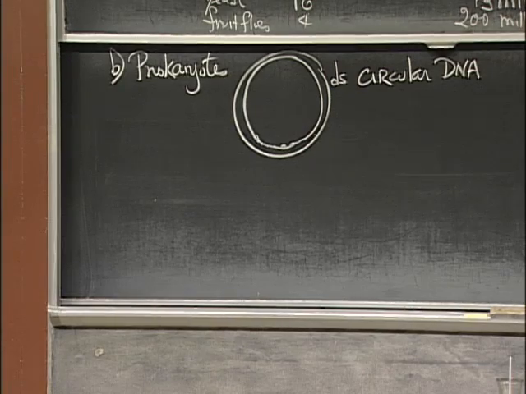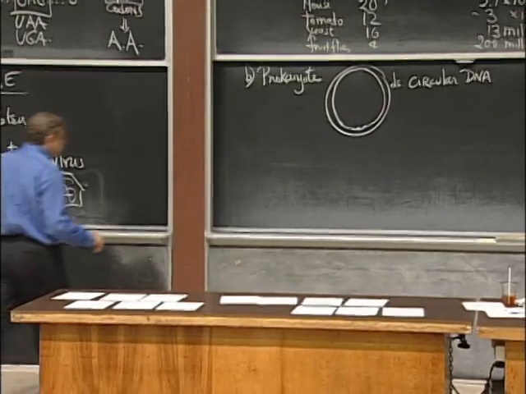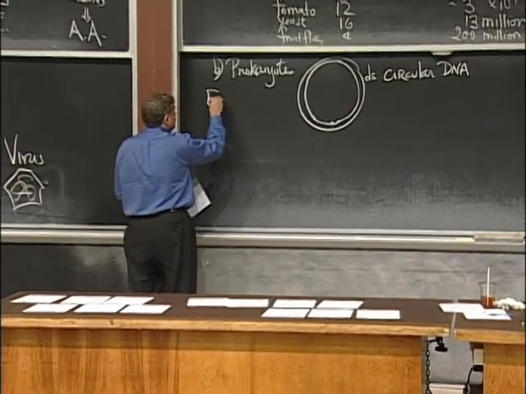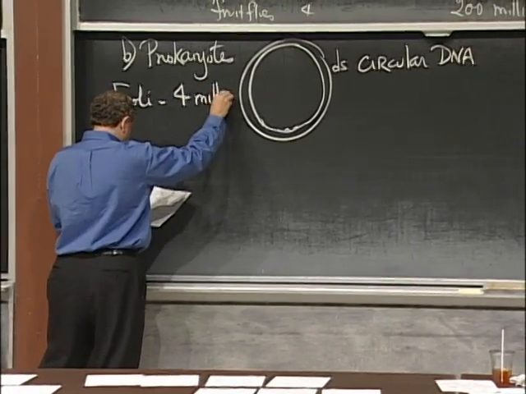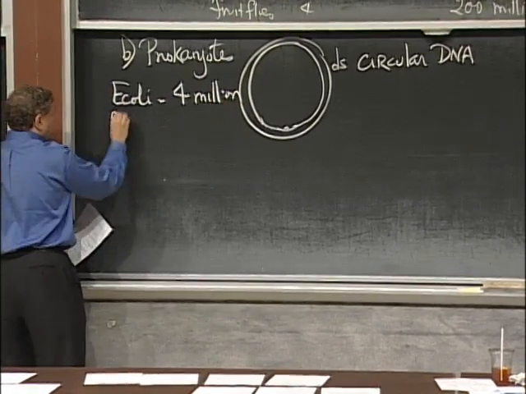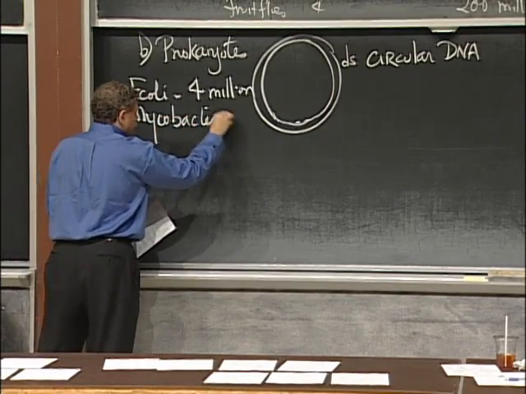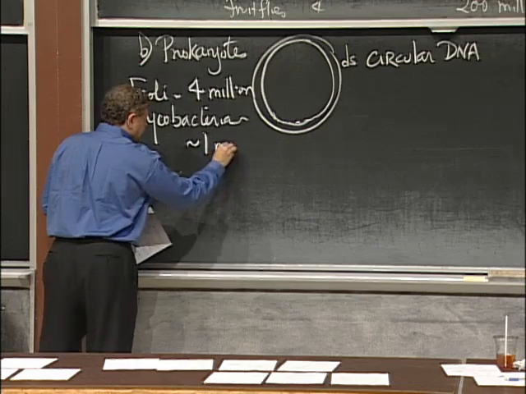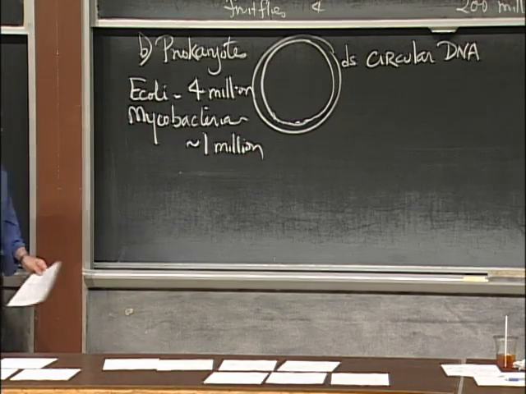They start somewhere, they start replicating around, it all works fine. E. coli, for example, 4 million bases of DNA. The smallest are mycobacteria. They're on the order of about 1 million bases of DNA. And they work just like we talked about.